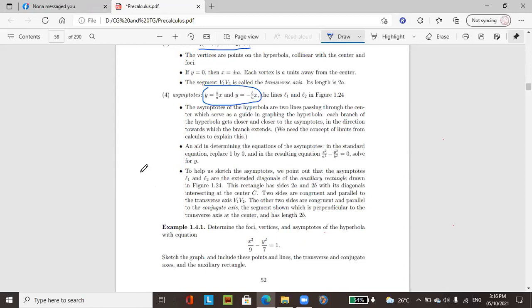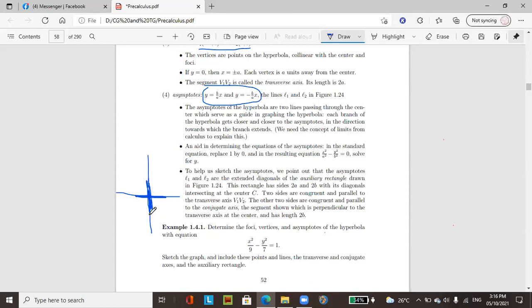Suppose this is the rectangular plane. Suppose this is the center and our transverse axis is horizontal. So if this is the transverse axis, this is now the conjugate axis. Transverse axis has length 2a.